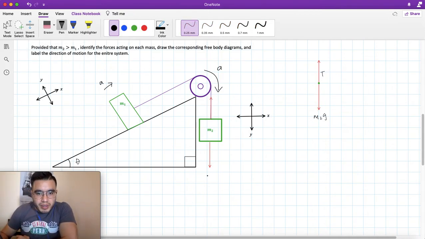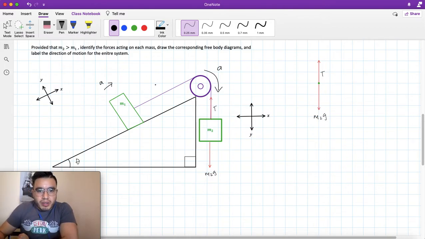Let's label again. This is M2G, and this is T for tension. There you go. That's it for mass 2. We don't have to break anything into components, right? We only have components along the y direction.